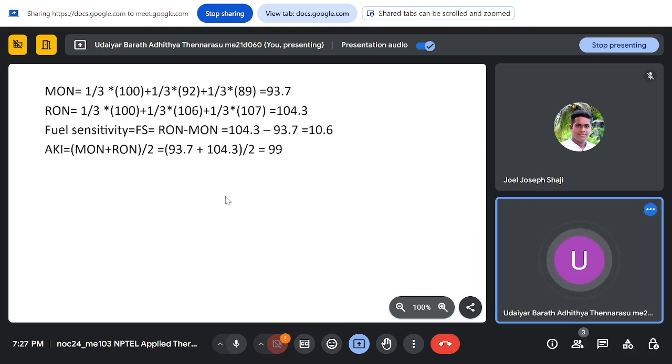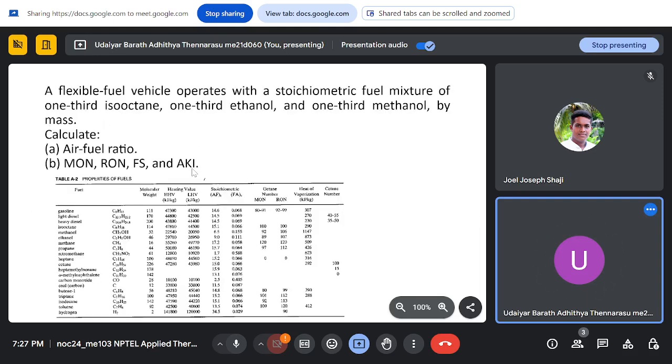So octane number. The motor octane number and research octane number are given, so it's all data which is given. They just named it differently to compare, but it's one and the same.